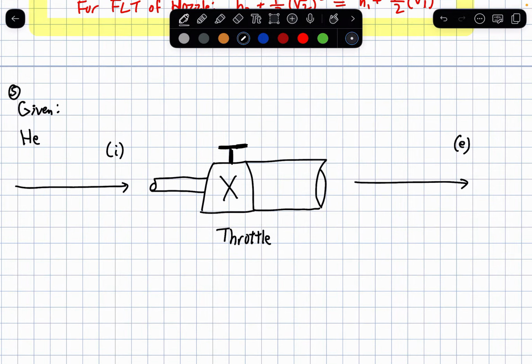Helium is throttled from 1.2 megapascals, 20 degrees Celsius, to a pressure of 100 kilopascals. The diameter of the exit pipe is so much larger that the inlet and exit velocities are equal.